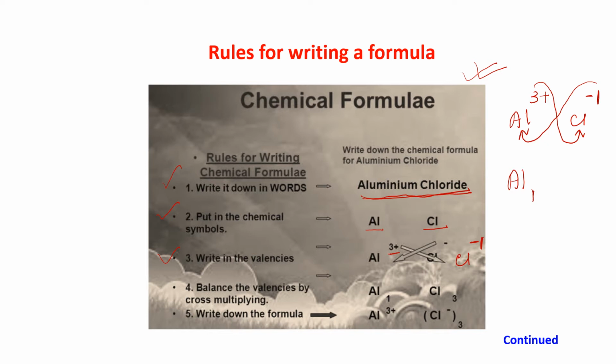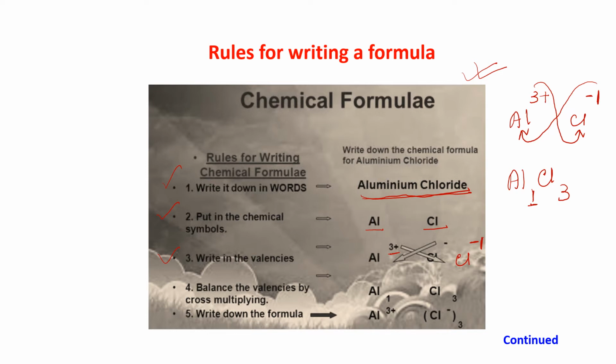And then next you write down Cl. Along with this 3 is coming. So 3 will be here. Now this one you may write, you may not write. Generally we are not writing. If 1 is there, we are not writing.